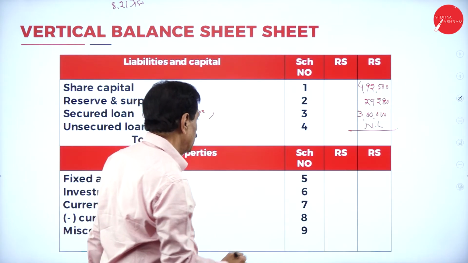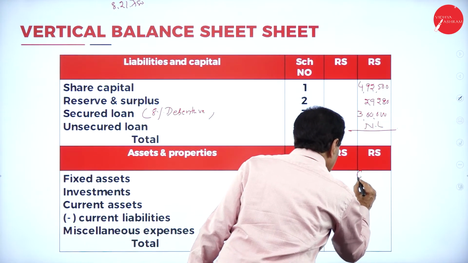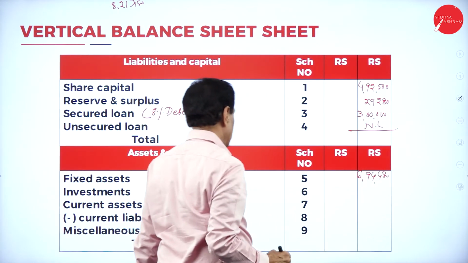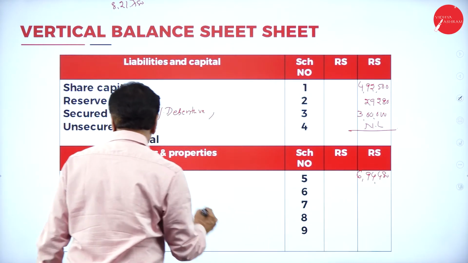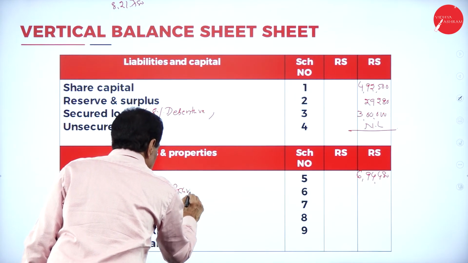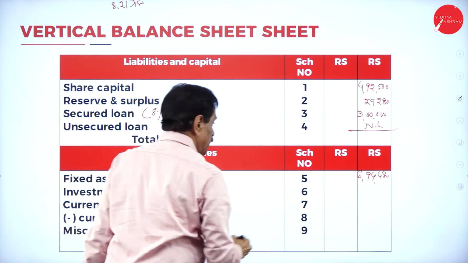6,94,480. Then investment in government securities 60,000.